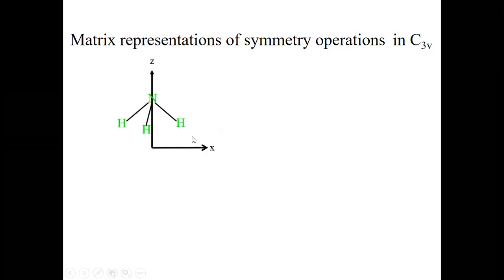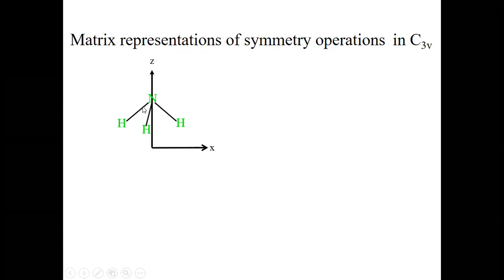We also have mirror planes. In fact, we have 3 vertical mirror planes. And the 3 vertical mirror planes go through the 3 NH bonds. Okay, here, and here, and here.